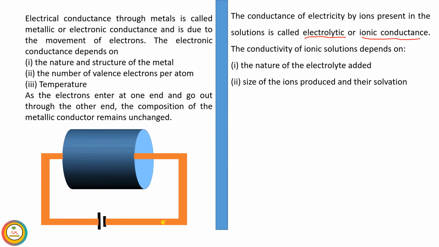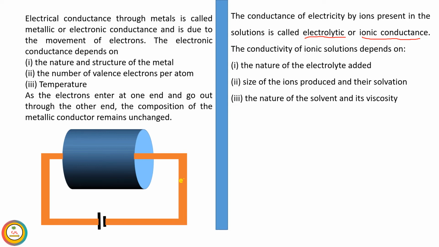So the size of the ions also affects conductivity. Then, how soluble they are in the given solvent: more soluble, more conductivity; less soluble, less conductivity. Next one is the nature of the solvent and its viscosity. Our solvent is polar or non-polar.